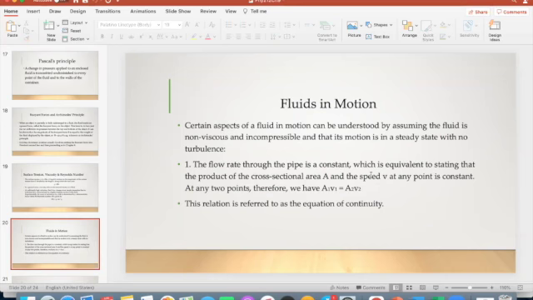At any two points, you have the area of the first pipe times the velocity, equal to the area of the second pipe times the velocity. All right, so this is the equation of continuity.